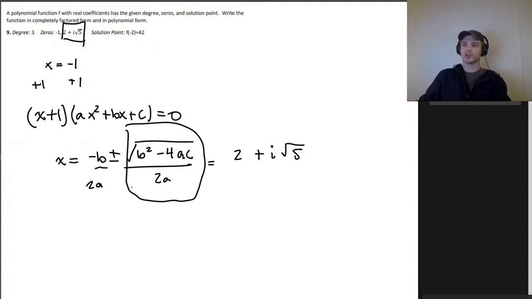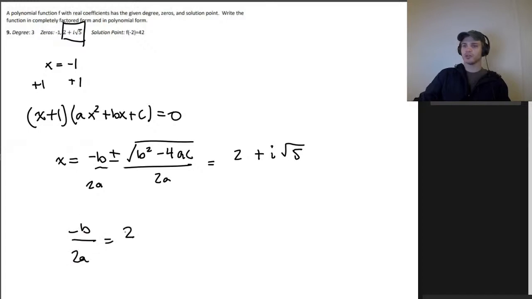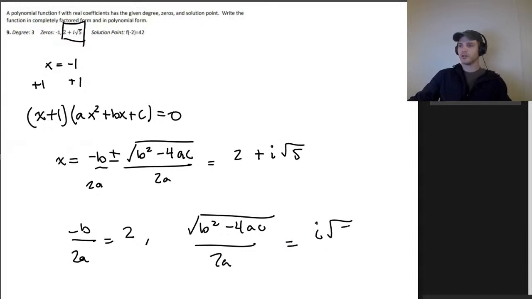We can break these apart using the addition property of equality backwards. We get b over 2a is equal to 2, and another equation: the square root of b squared minus 4ac all over 2a is equal to i root 5.